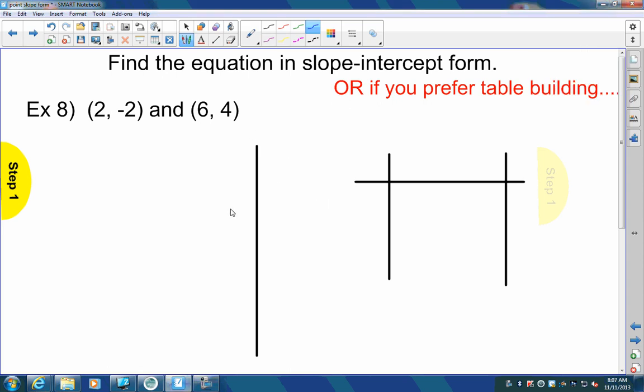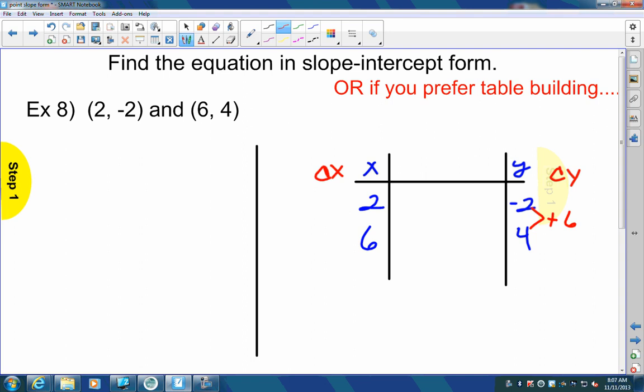I'm going to show you two different ways to go through, because one of the things is just to do what we just did and put 2, -2, and 6, 4. I've got x and y, and we can find the entire equation from this table right here. I can find delta y, the change in y, plus 6.